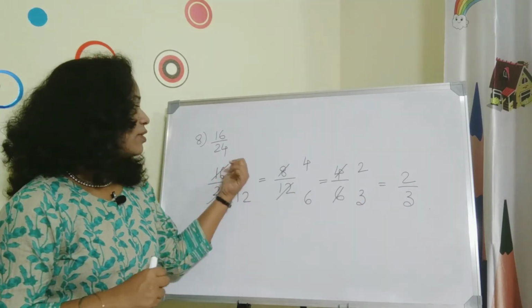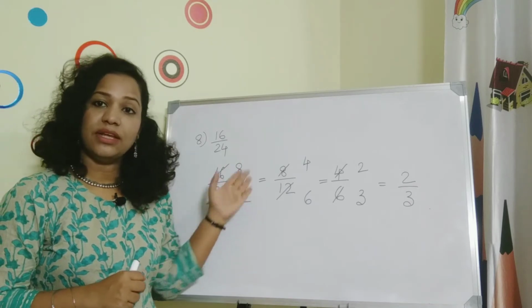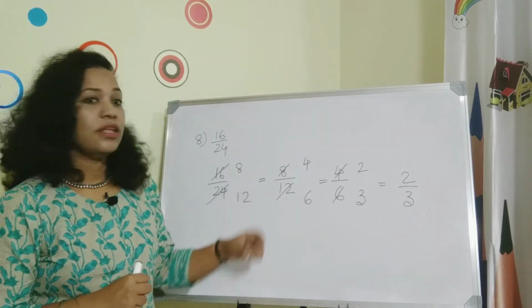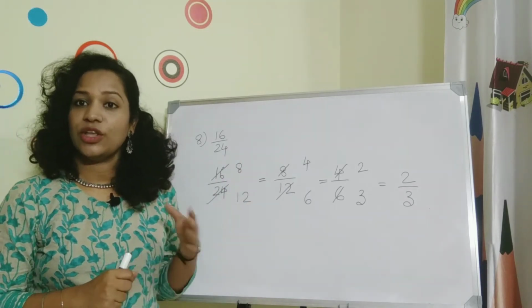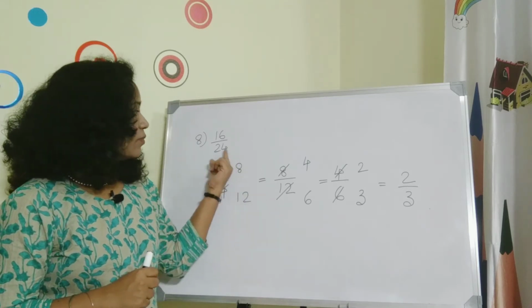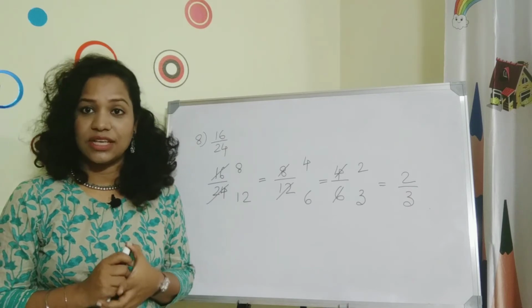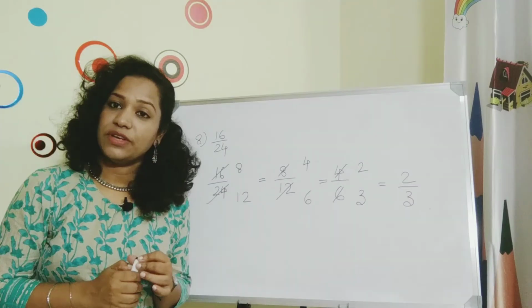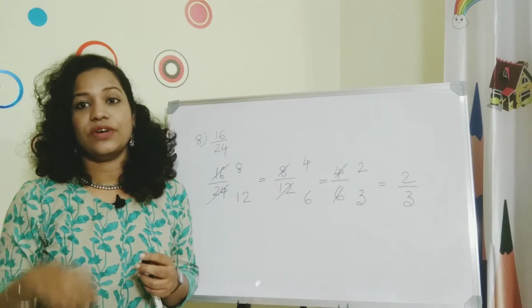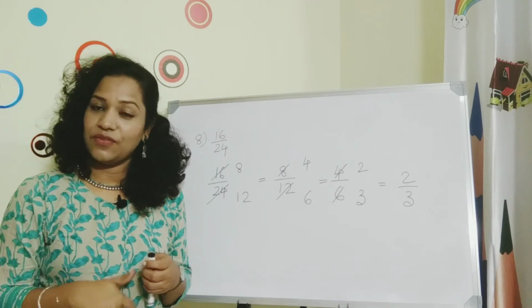Instead of dividing them many times by their common factors, you can divide both the numerator and the denominator by their HCF once. It's always better to find their HCF first and then divide.